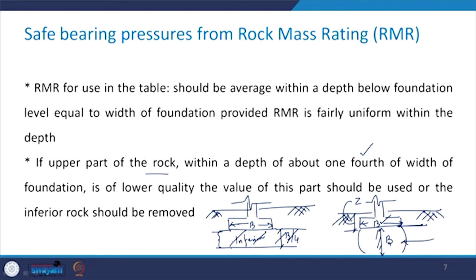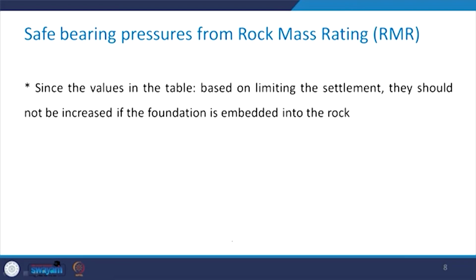So these are some of the things one needs to keep in mind when you use RMR to obtain the safe bearing pressures. Since the values in the table, as discussed, are based upon the limiting settlement, they should not be increased if the foundation is embedded into the rock.